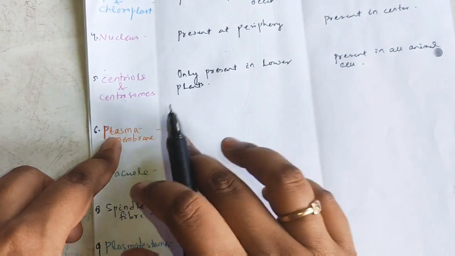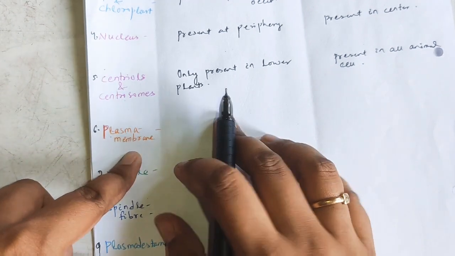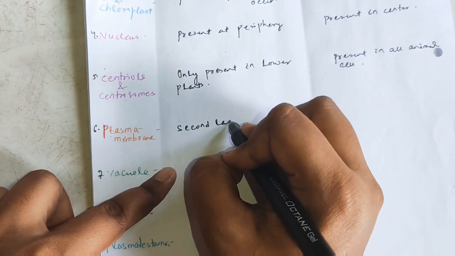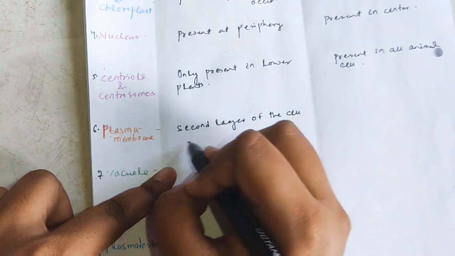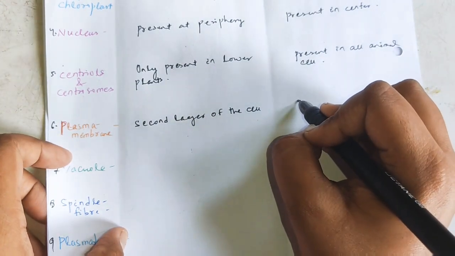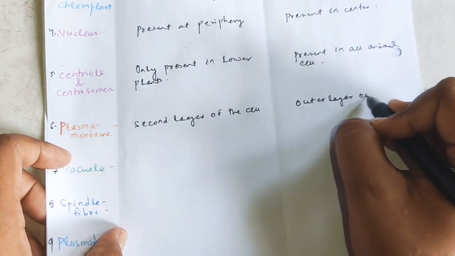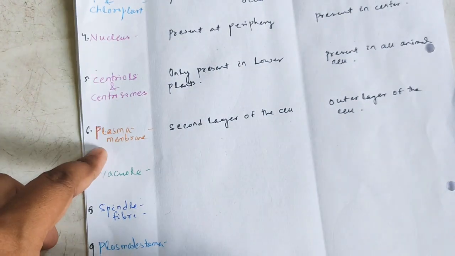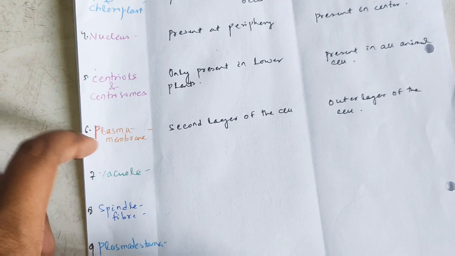So the second layer of the cell is the plasma membrane, and the first layer, the outer layer of the cell, is the cell wall. The plasma membrane is otherwise known as cell membrane.